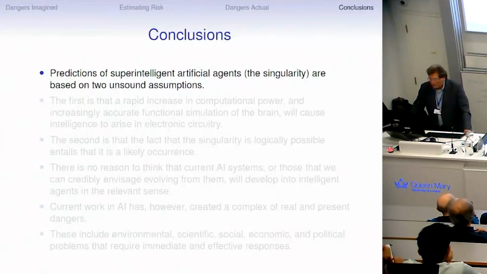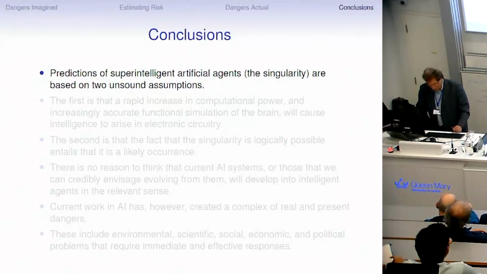Okay, what are the conclusions from all of this? I've actually managed to finish almost in time. First of all, the predictions of superintelligent artificial agents, the notion of the singularity, the kind of Terminator syndrome or phenomena, are based on two, in my opinion, unsound assumptions.